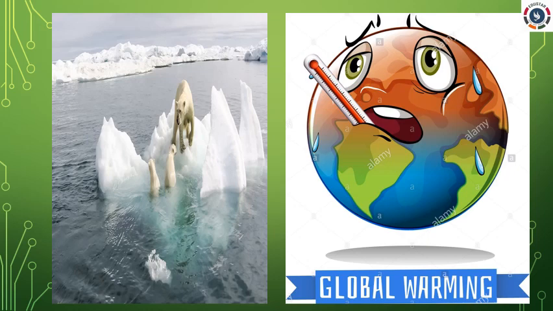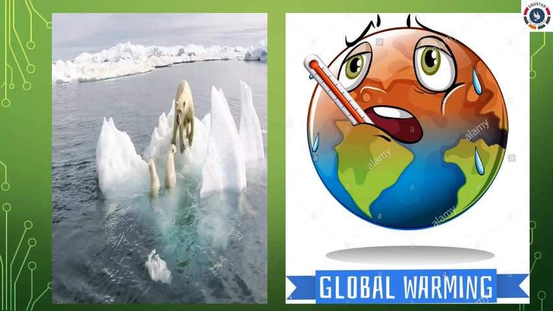What is meant by global warming? Global warming means the earth has been slowly heating up. Global warming happens when there is an increase in the amount of gases like carbon dioxide and methane in the atmosphere.